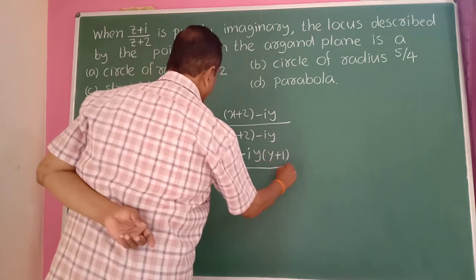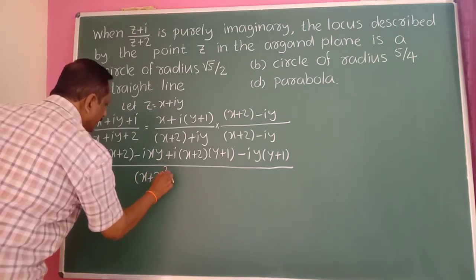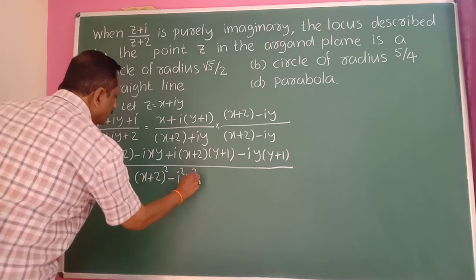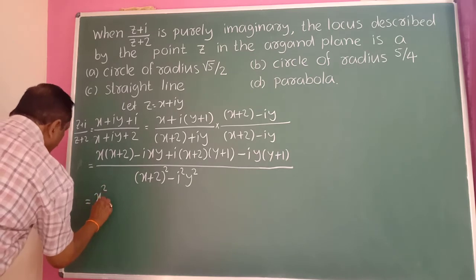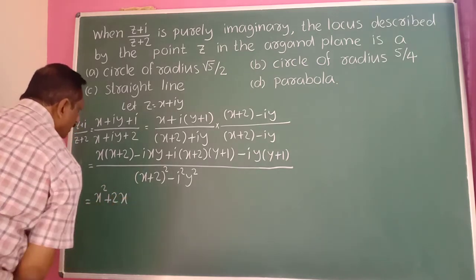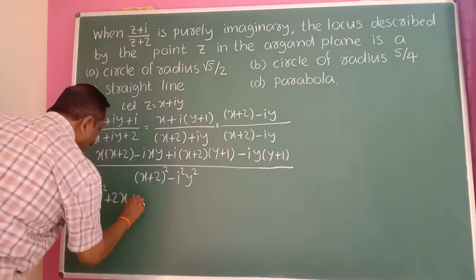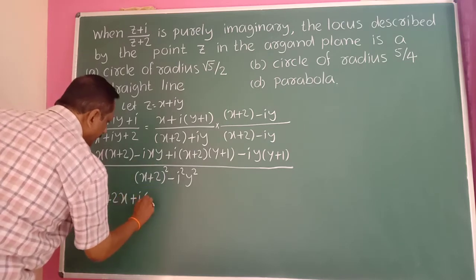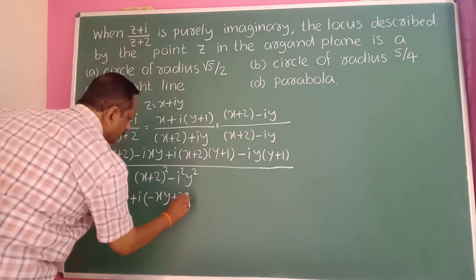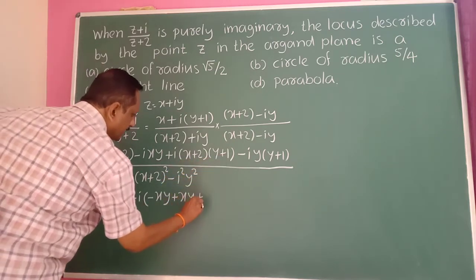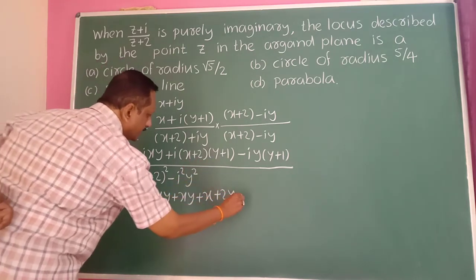And the product of the denominators is (x plus 2) whole square minus i square into y square. Take x inside the bracket. So x square plus 2x. Then i is a common factor from the middle two terms, so write i outside: minus xy, then x into y becomes xy, plus xy. x into 1 becomes x, 2 into y becomes 2y, and 2 into 1 becomes 2.